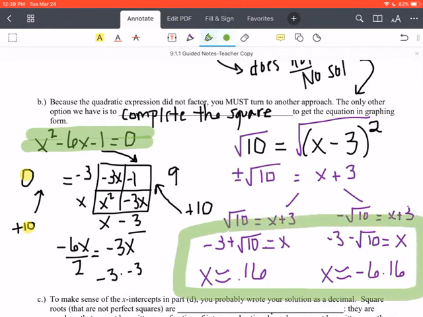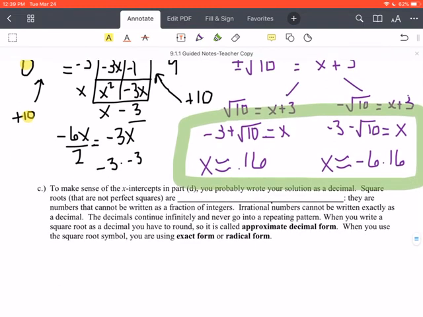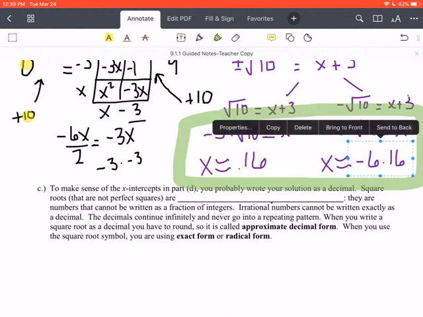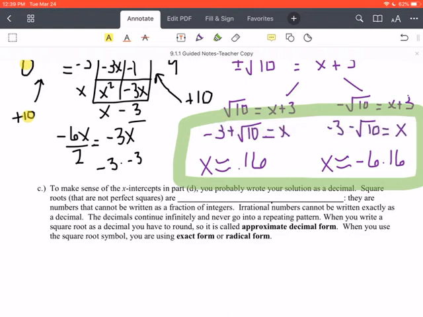Now in this next paragraph, they're going to talk to us about the names of those solutions. And we've already previewed this a couple lessons ago. So to make sense of the x-intercepts, we probably wrote the solution as a decimal, which you can see in these two places. Okay, it says square roots that are not perfect squares, which the square root of 10 is not a perfect square, are going to create irrational numbers.